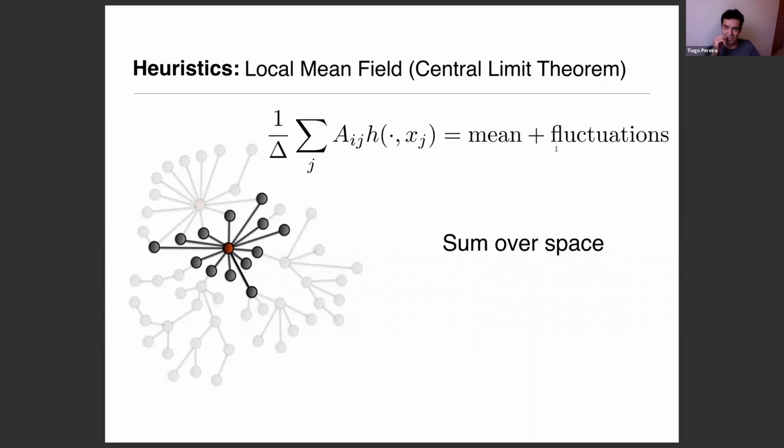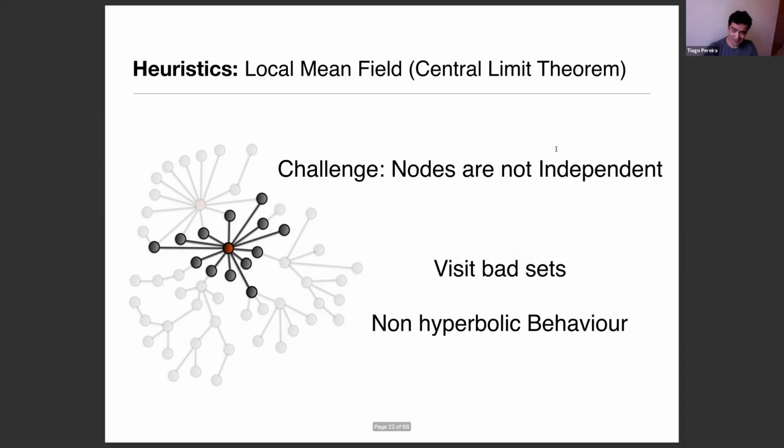And actually, if you do this, if you forget mathematics or forget any proof, and you just plug in these ansatz and solve this problem by self-consistency, you can find equations for the mean and equations for the fluctuations, and you get very far with this problem. What maybe for you guys is not surprising, but for me was surprising, is that actually these nodes are not independent.